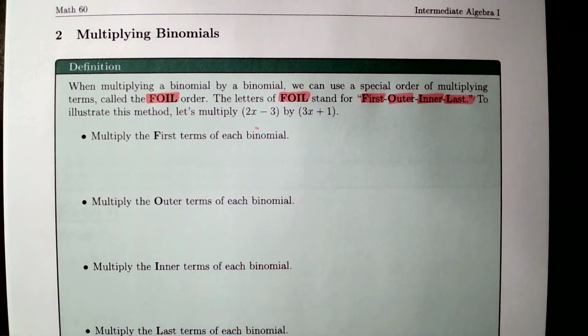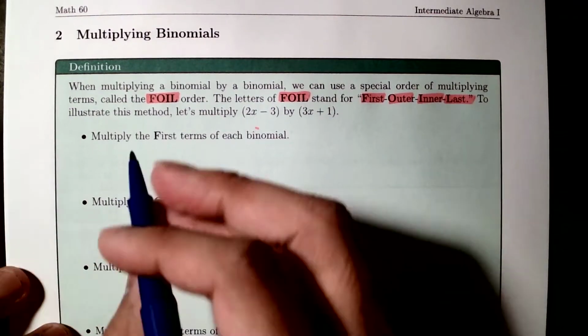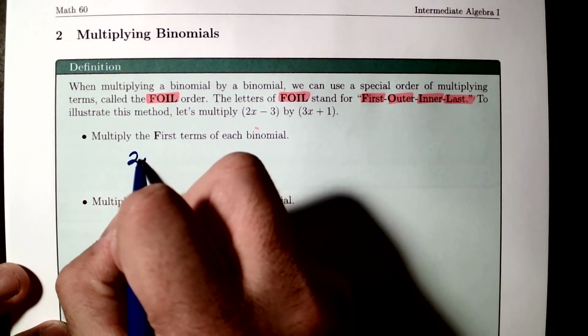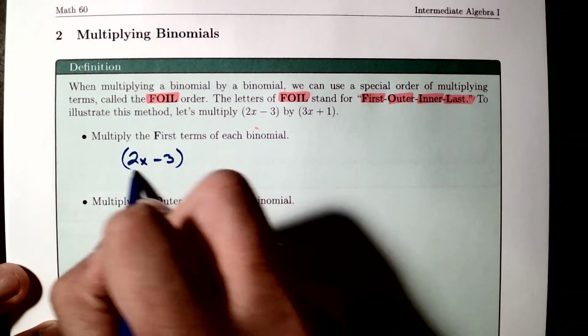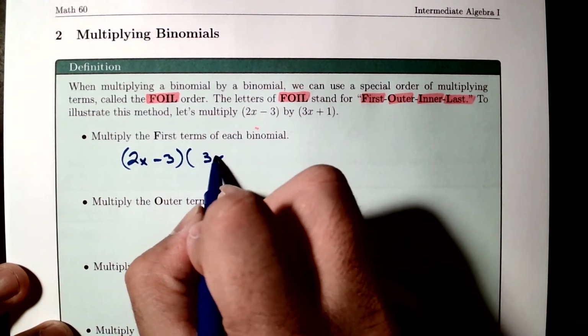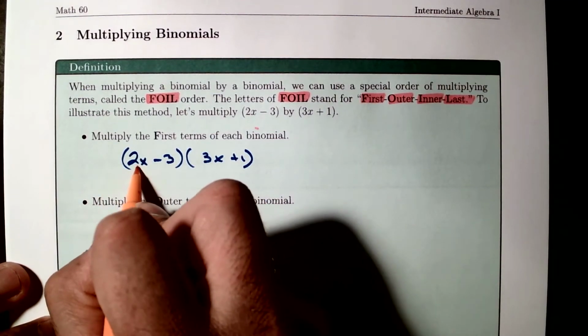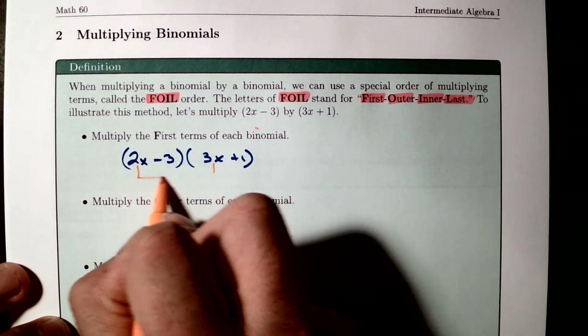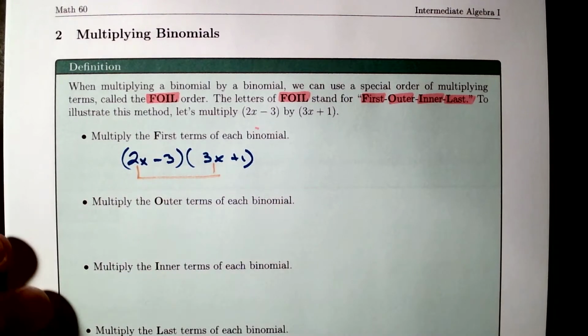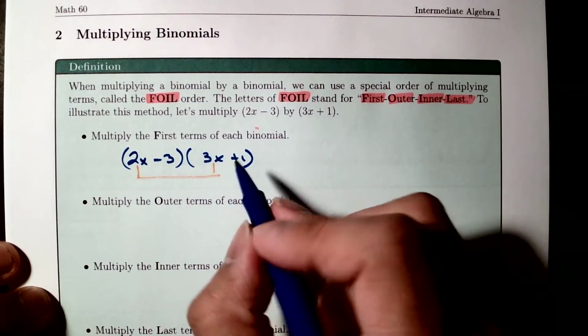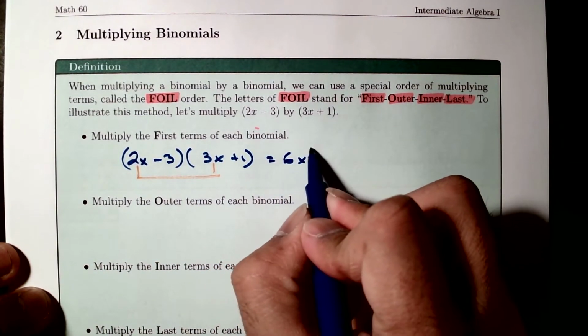I'm going to write the whole product, so 2x minus 3 times 3x plus 1. So in this case, the first with the first. So 2x times 3x, that's going to give us 6x squared.